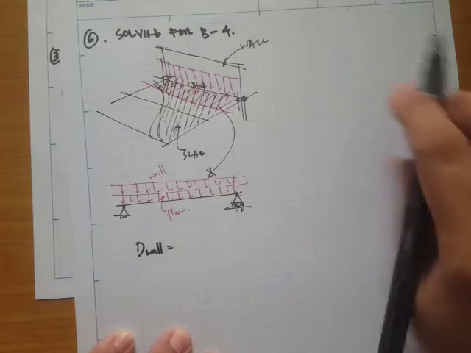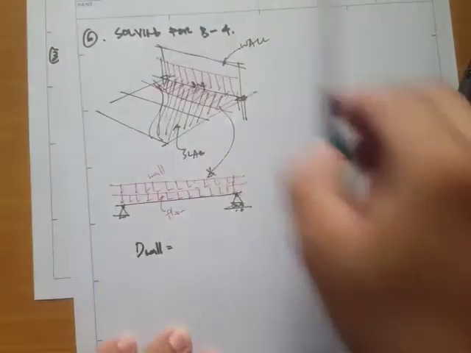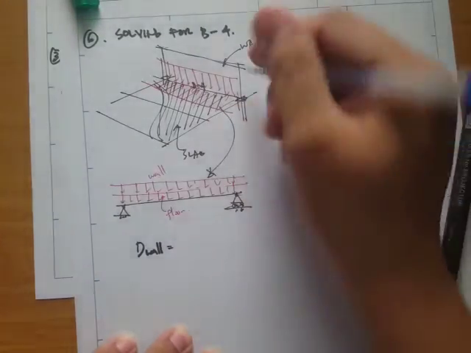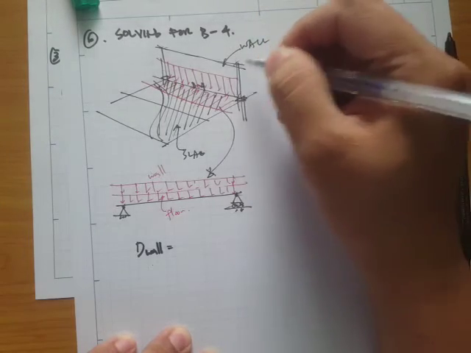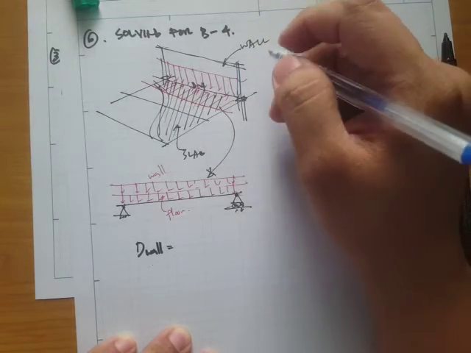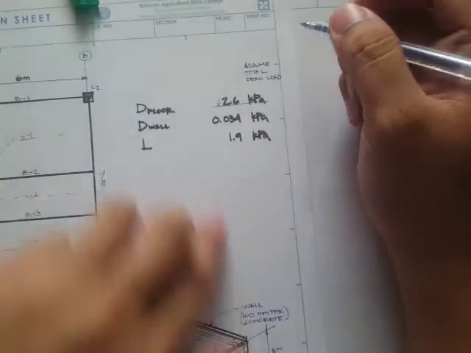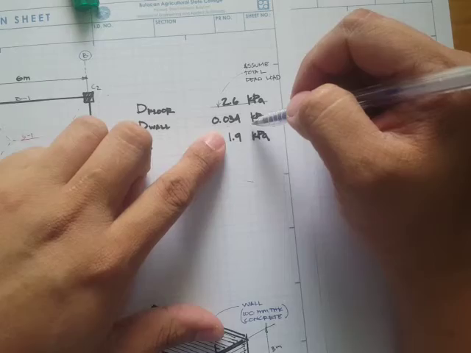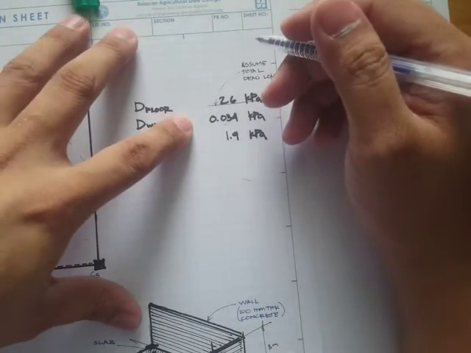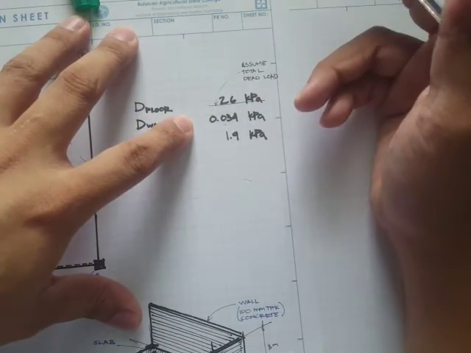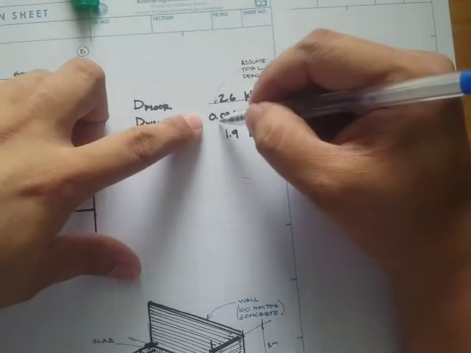Okay, so if you notice, we have the thickness here. The thickness is already given, and the value right here depends on the thickness. For example, if you have a concrete wall that's 150 mm thick or 200 mm thick, this value will be different.